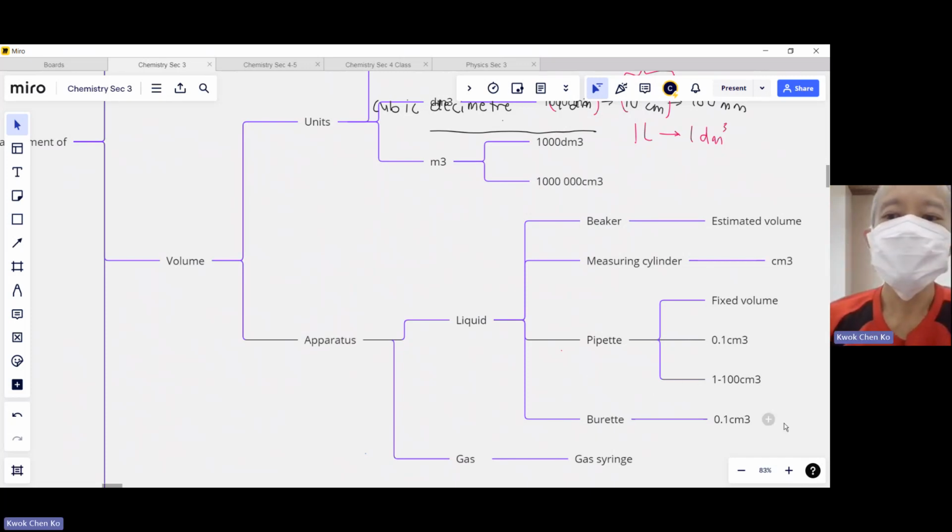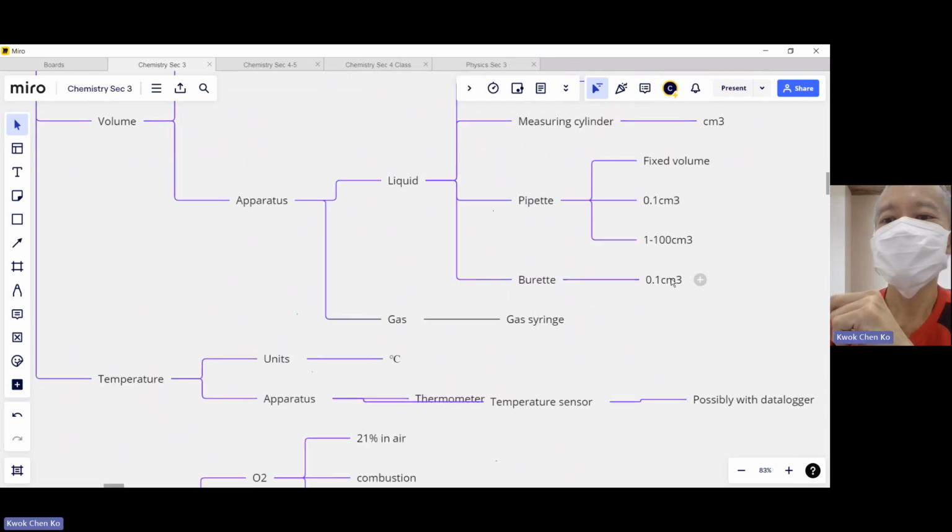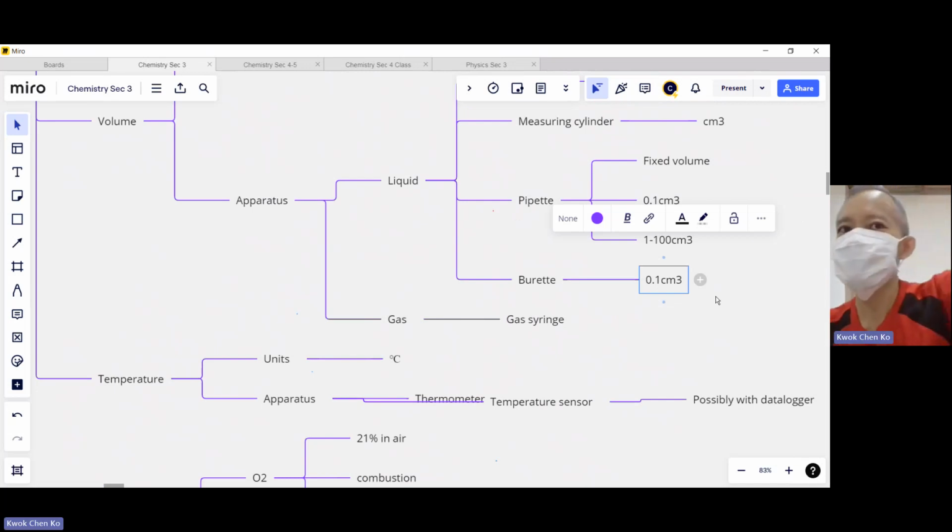I'm just following the O-level syllabus because in real life, it's slightly different. Okay, one last thing. For burette, this one is 25 ml, right? There's a bigger version, 50. There's a much longer one, 50. But most labs don't have them. Usually it's 25.